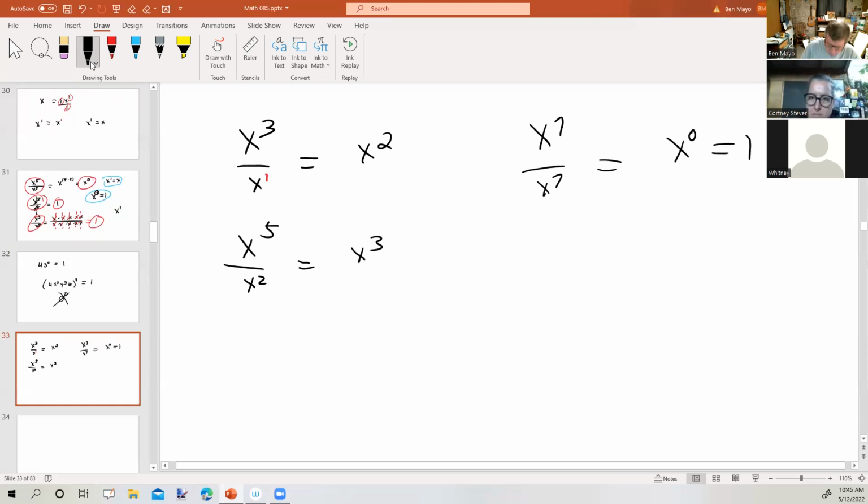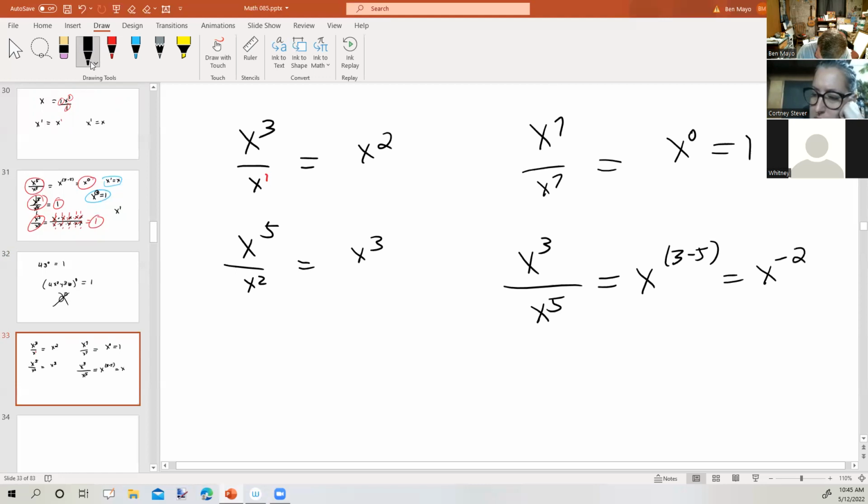But wait a minute. What if the exponent on the bottom is larger than the exponent on top? Well, then we get x to the 3 minus 5, which is x to the negative 2 power. So now we've got an exponent that's negative. Well, let's do this problem a different way. Let's do it the long way again.